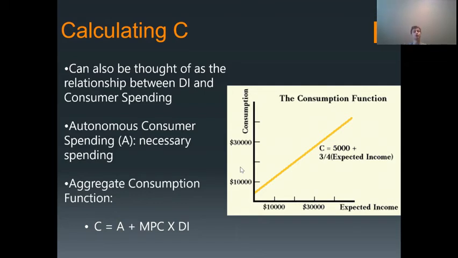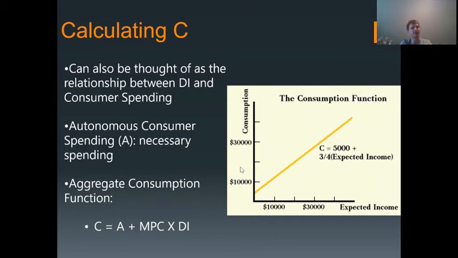Your consumption function, if you think of it in terms of y equals mx plus b format, is consumption equals autonomous consumer spending plus your MPC multiplied by your income or your disposable income. So that's how you can think of the consumption function.